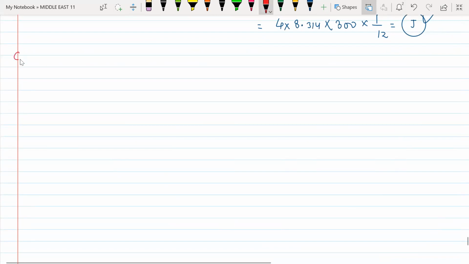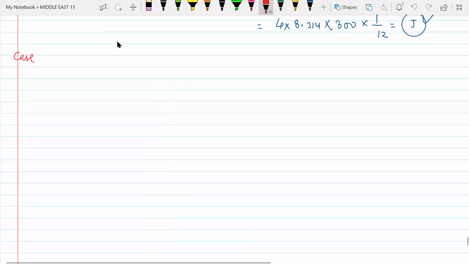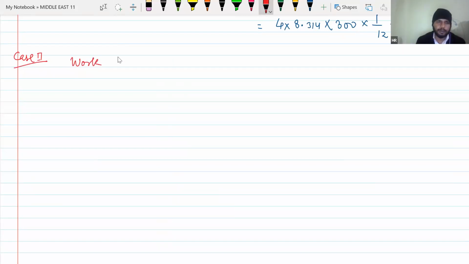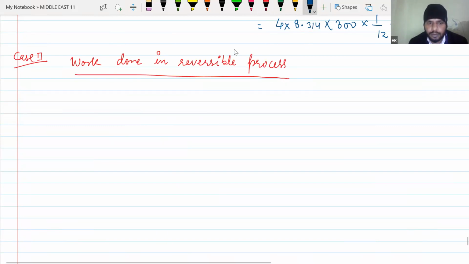Case 2. Work done in a reversible process. What is it? A reversible process. Work done in a reversible process, we know that P external is equal to P internal, right?